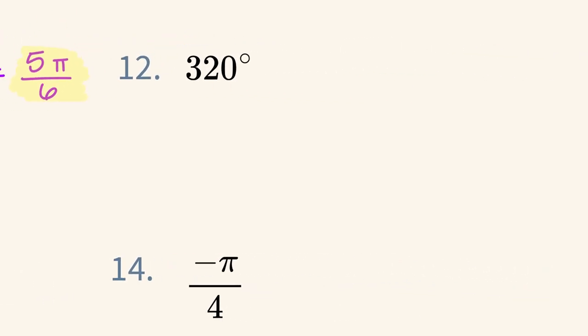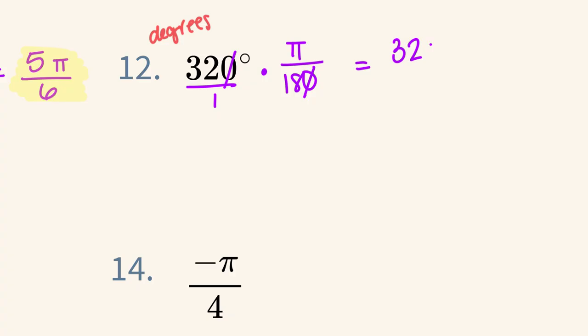Now looking at number 12. Is this in degrees or radians? This is in degrees. And then what am I multiplying by? Pi over 180. Now, can I simplify? Yes, because they both end in a 0, canceling those zeros out. Now I'm going to have 32 pi over 18.